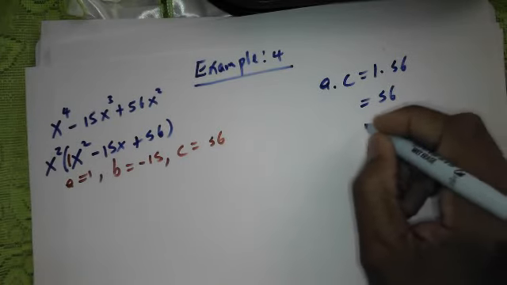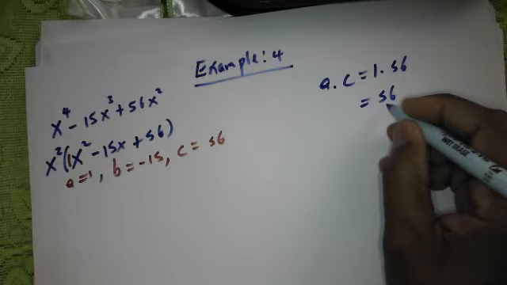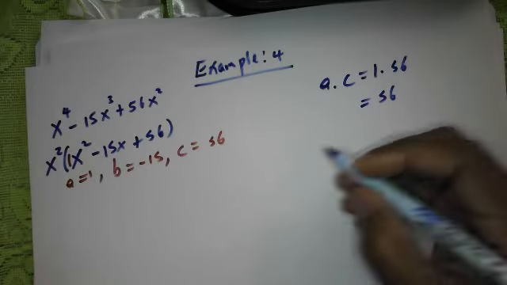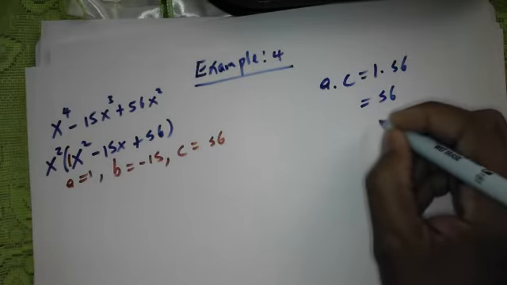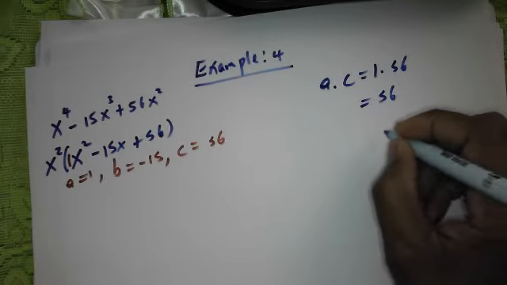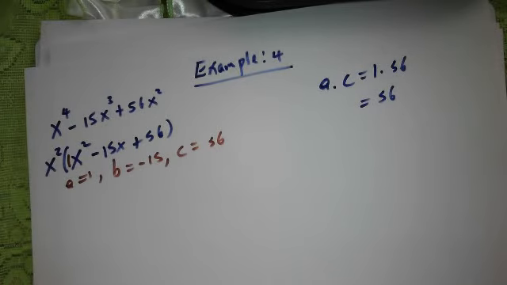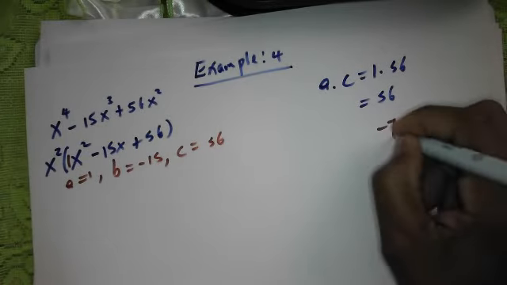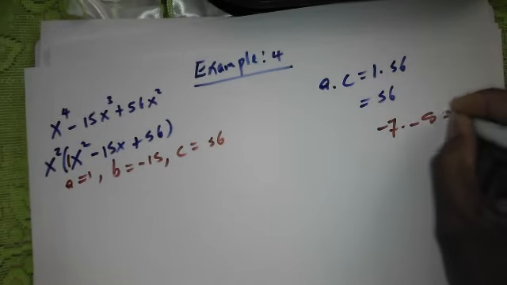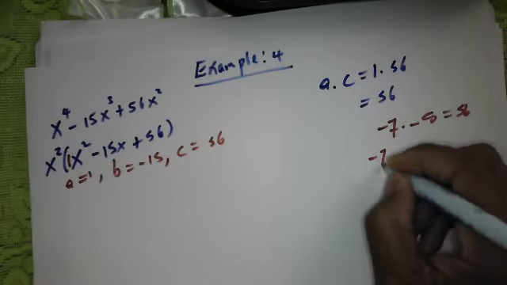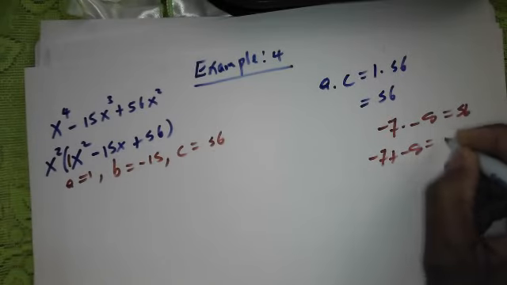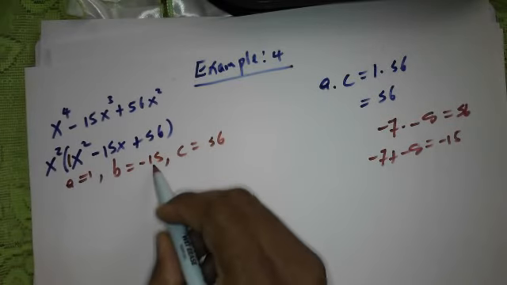Alright, so what other factors of 56 could I add to get 15? So 7, 8, 56. Okay, but remember, both factors must be negative. So this would be negative 7 times negative 8, that will give me positive 56, which is what we have here. But negative 7 plus negative 8 will give me negative 15, which is exactly this.